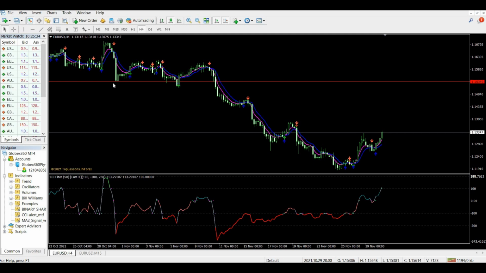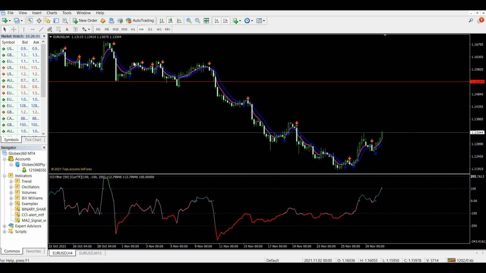So let's say the market closed over there and we have taken that sell signal. So this is our entry. Let's just visualize that line as our entry point. And what happens after that? The market reverses and gives us a buy signal. So depending on that, it might hurt us or it might make us profit. So that's the only reason why I wouldn't use this, because of the late entries with moving averages.